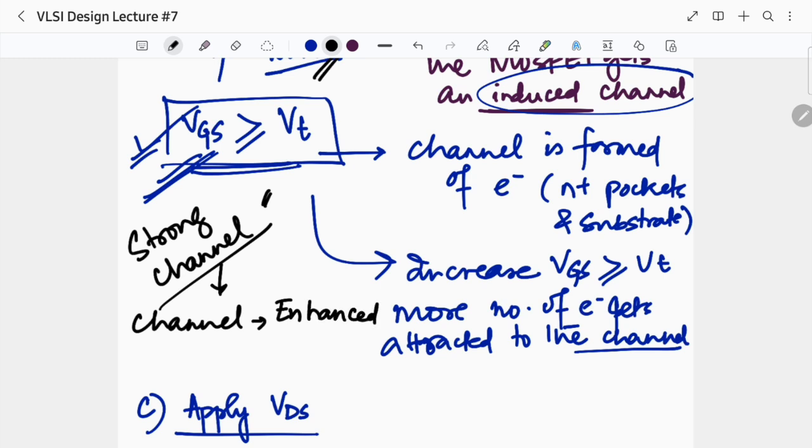And remember, I told you that there are two types of MOSFET, enhancement type and depletion type. And why is it called enhancement type? We will get to the point very soon, and this is the point that I was talking about. So this is how the name of this MOSFET has become enhancement type, because the channel gets enhanced.